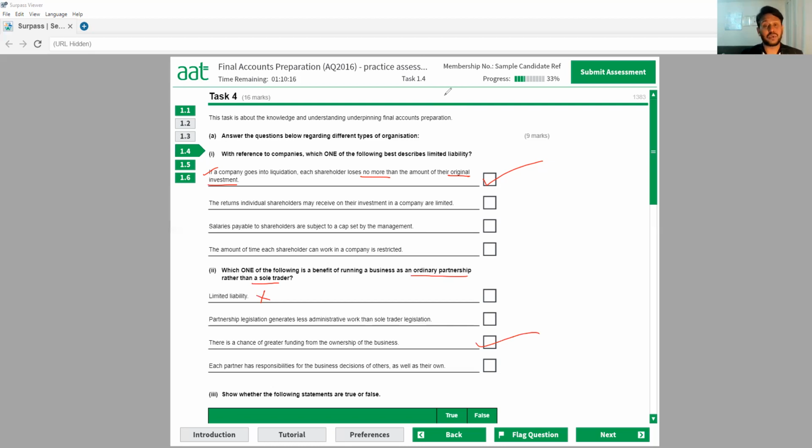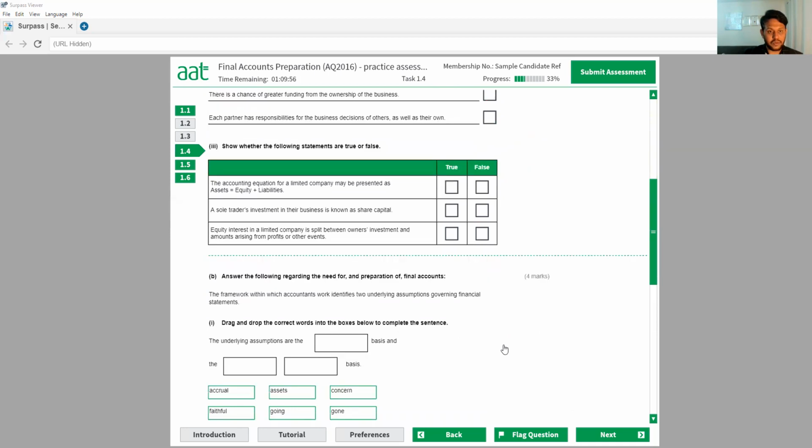So there will not be a shortage of capital. This is one of the benefits of a partnership business. There will be a lot of partners involved and the amount of capital will be more than for the sole trader. All right, it's not a difficult question. Let's move to the next one.